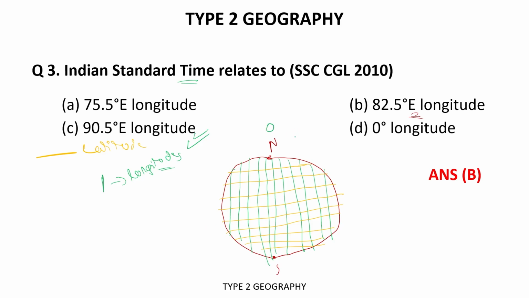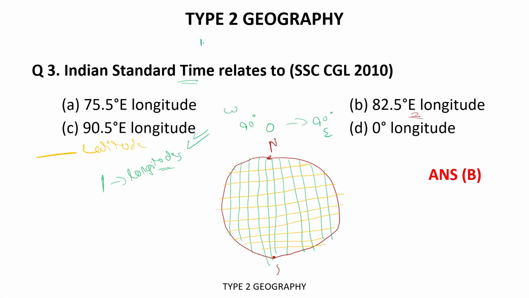It is 0 degree longitude and then it goes up to 90 degree this side, 90 degree this side. This area is known as the east, this area is known as the west.